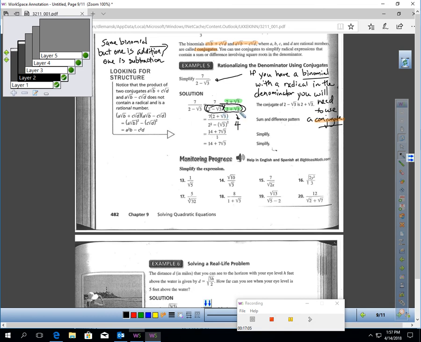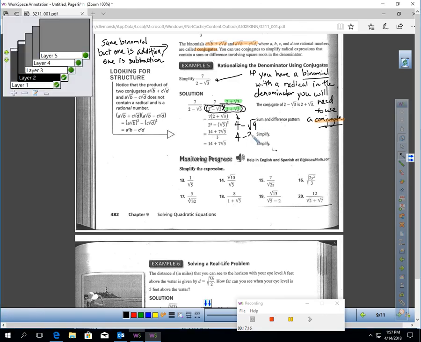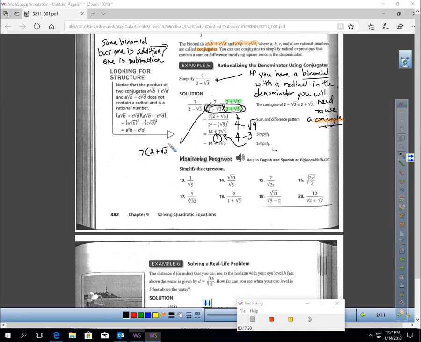And radical 3 times radical 3 is radical 9. And I'm going to subtract these. Well, that would be 4 minus radical 9, which is 3, which gets me 1 in the denominator. So that's why my denominator is 1. Do you notice my radicals went away? Now in the numerator, I have to take 7 and multiply it with 2 plus radical 3.